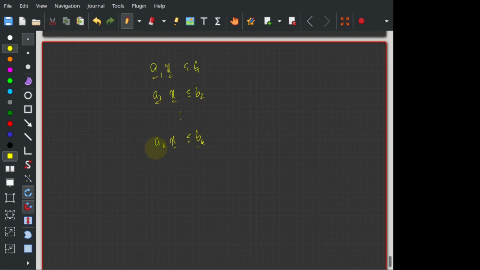So a1 transpose x less than or equal to b1, a2 transpose x less than or equal to b2, up to ak transpose x less than or equal to bk, where each ai is in Rn and each bi is a real value. All right? What would this set look like?